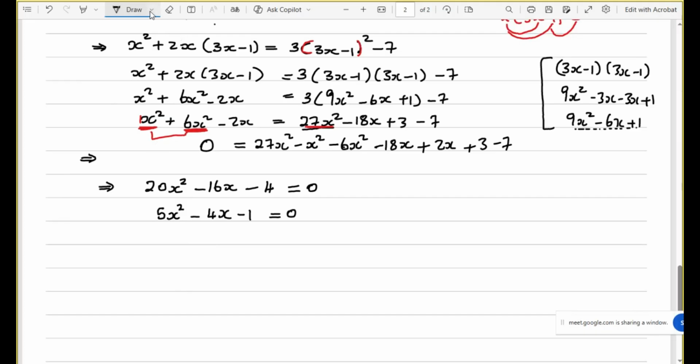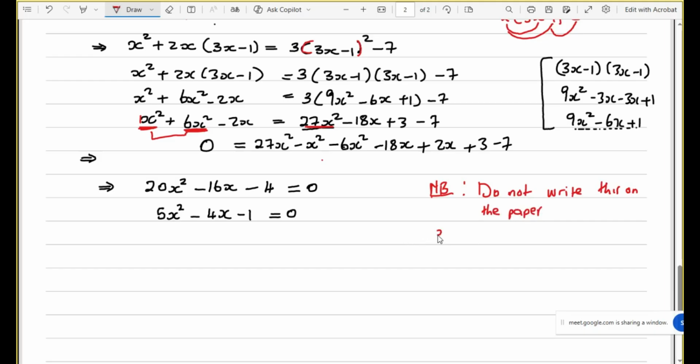Remember, if you don't know how to factorize, use that method. Write this on the paper. You're going to say x is equal to minus b plus or minus the root of b squared minus 4ac, everything is divided by 2a.